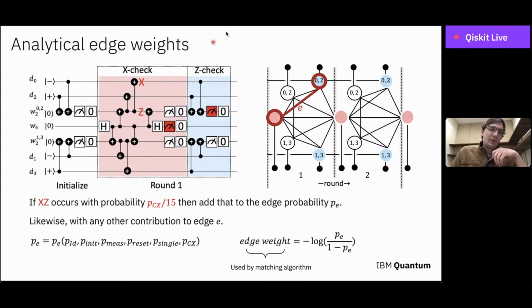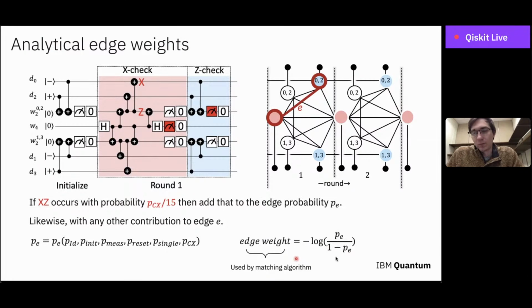So what you do in the analytical weight method is that you look at this error as I showed earlier. If this XZ error occurs with some probability, then you add that probability to the probability of an edge. The probability of an edge is related to the weight of the edge as follows: the edge weight is equal to minus log of the probability of the edge over 1 minus the probability of the edge.